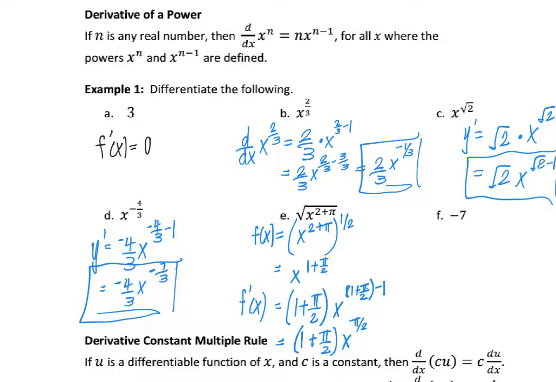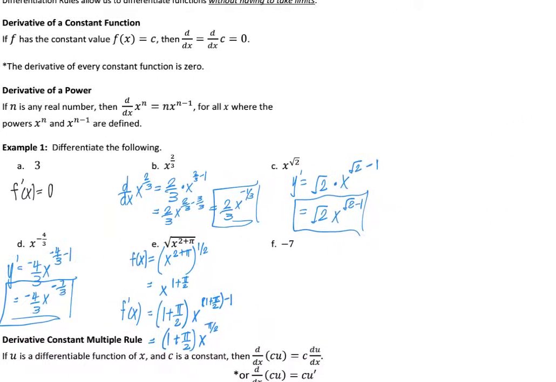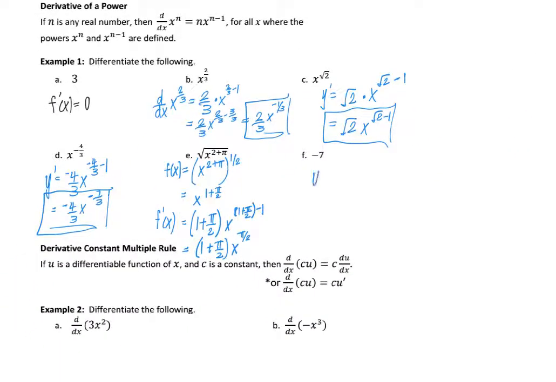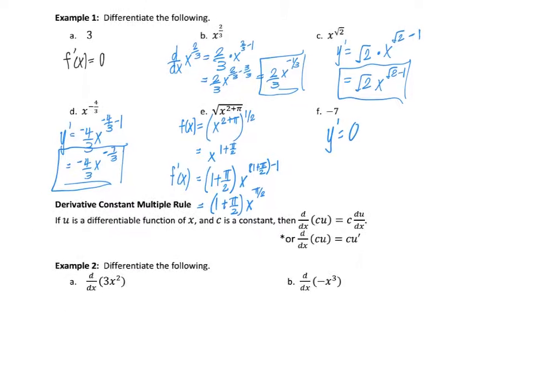The ones canceled. And then for f, this one's pretty easy because it's just a constant, so our derivative is 0.